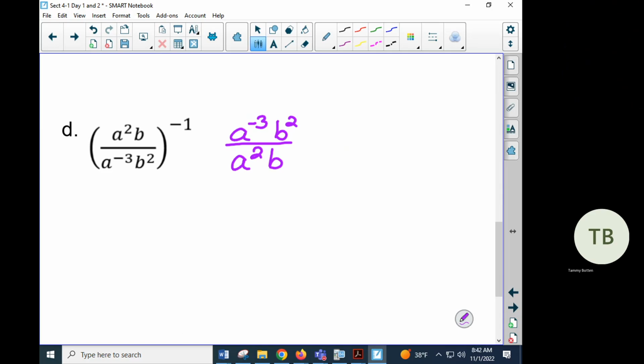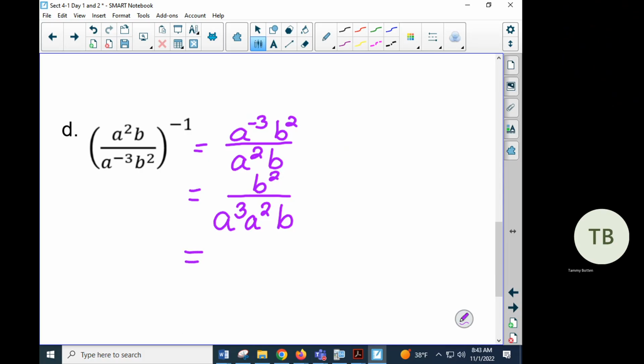So regardless what's in there, if the whole thing is to a -1 power, just flip flop the top and bottom and then reduce. Now you could rewrite this and bring this a to the -3rd to the bottom. So this is a to the 3rd on the bottom, a to the 2nd on the bottom, and b. And on the top, we have b squared.